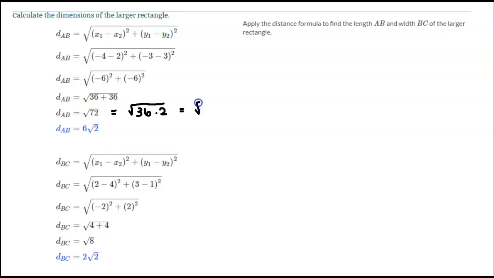Notice that it's also equal to the square root of 36 times the square root of 2. This is my perfect square. This is why we call it simplifying a radical, because the square root of 36 is 6. Now, I can't simplify the square root of 2, so I leave it just as it is.